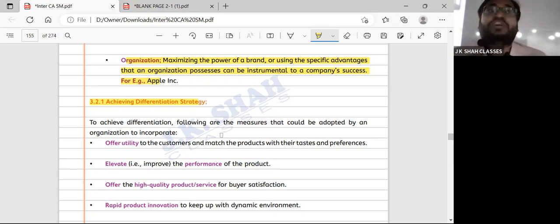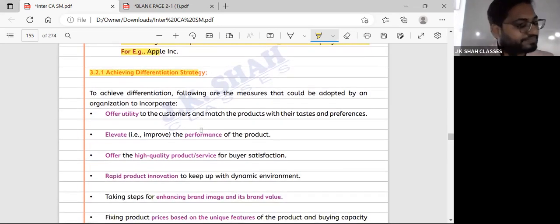How less is not the question here. How much more should I charge? Because if he feels, oh, it is too less, I will not buy. It is not matching my status symbol now. How much more should I charge? So I will fix the price of the product on the basis of the unique feature and the buying capacity of the customer.